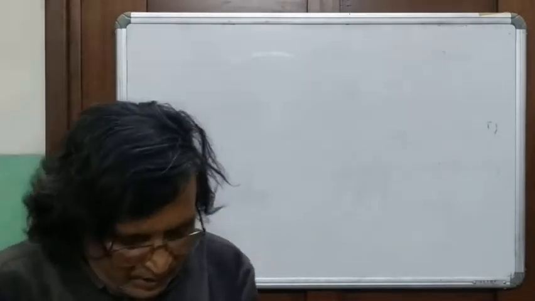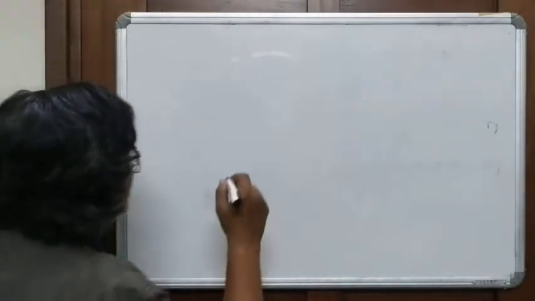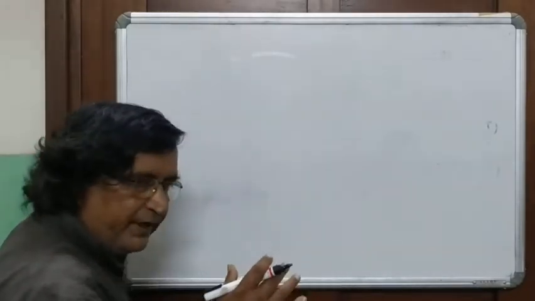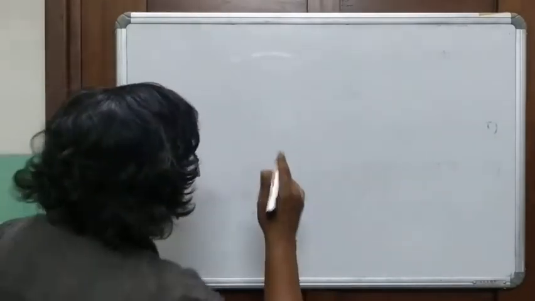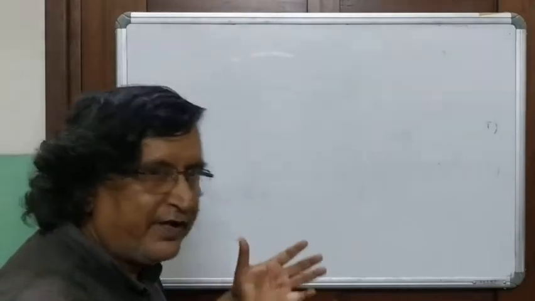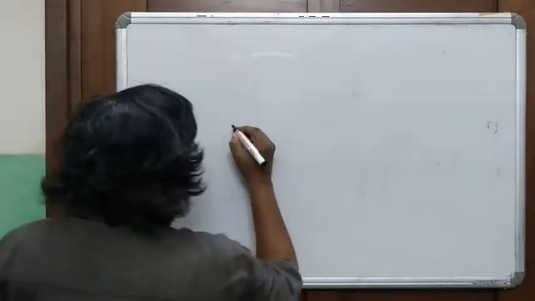So we come back to this ternary diagram, and this diagram looks like this if we draw it in 3 dimensions. Let me try and draw. You know my drawing is very famous.